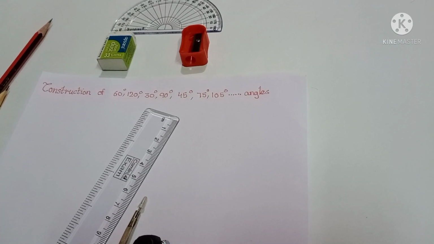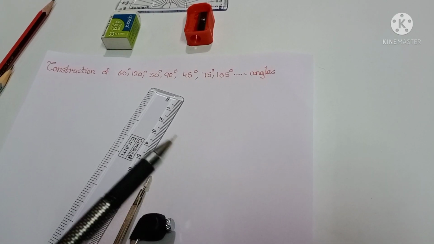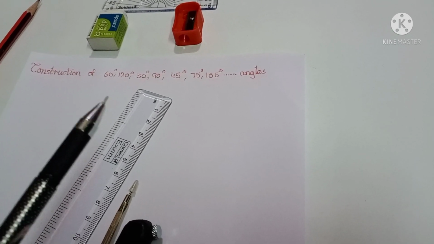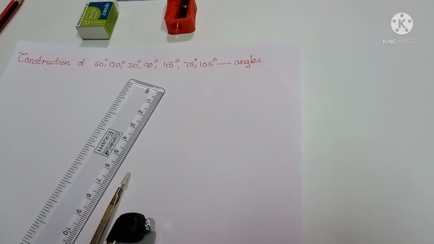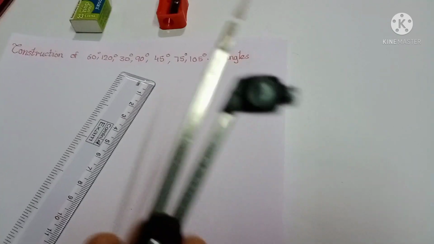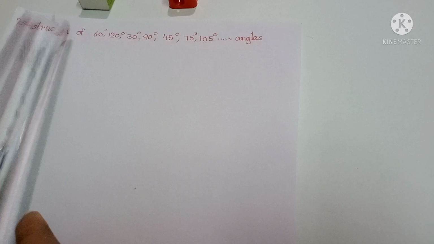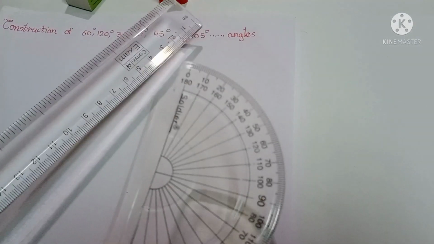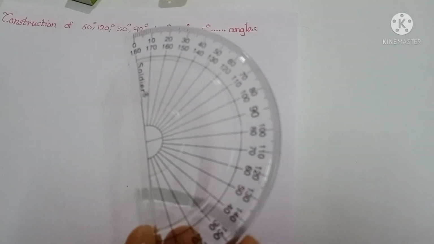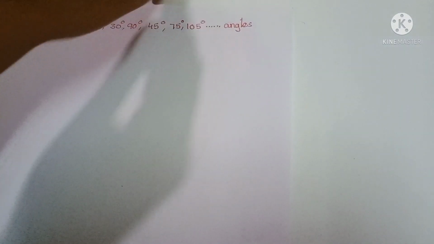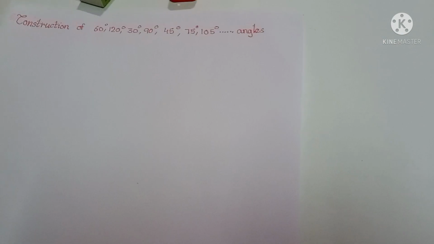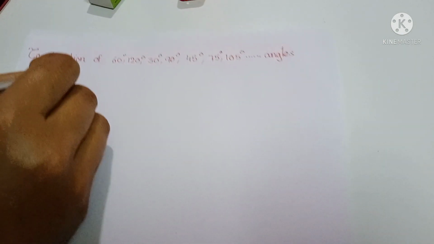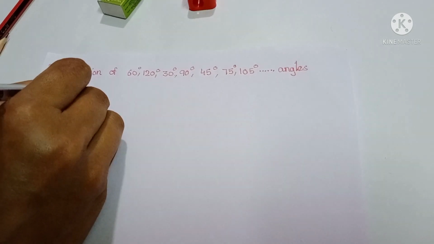Construction of angles. We can draw the angle with a compass and scale. A protractor is not allowed. Now we draw 60 degrees.